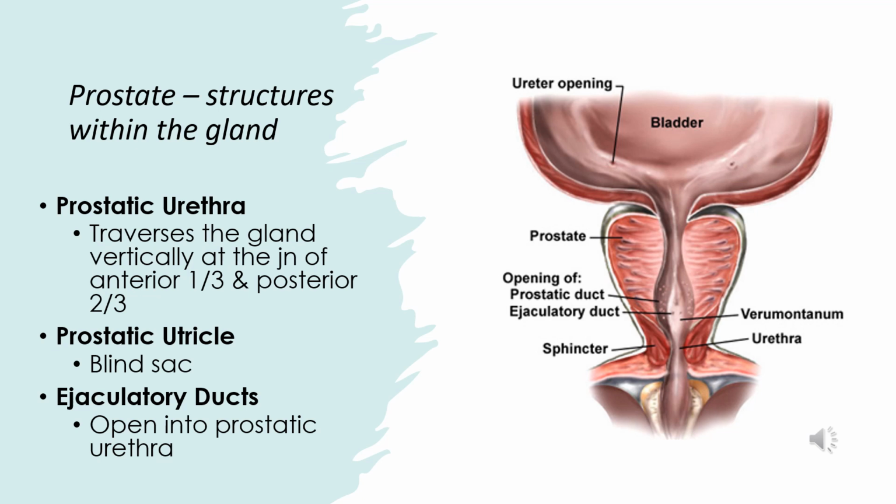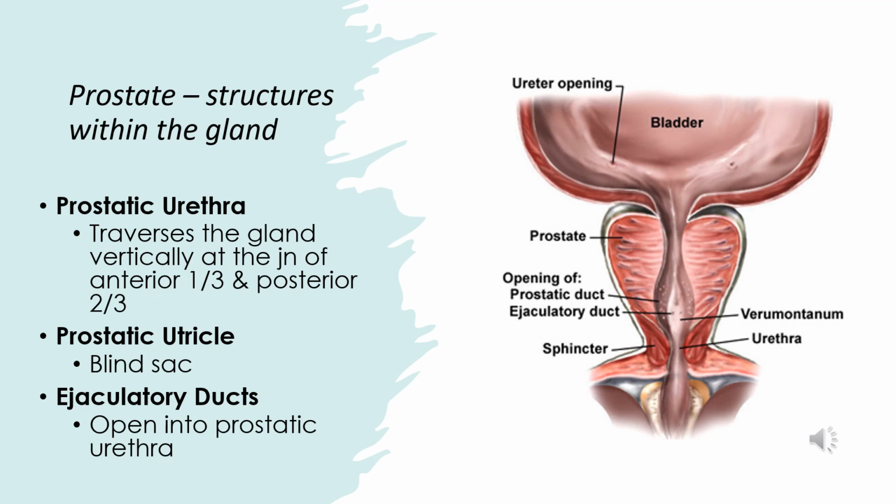The second structure which is present inside the prostate gland is the prostatic utricle. The prostatic utricle is a mucous blind sac or cul-de-sac about 6 mm long. This extends upwards and backwards from the prostatic urethra behind the median lobe.